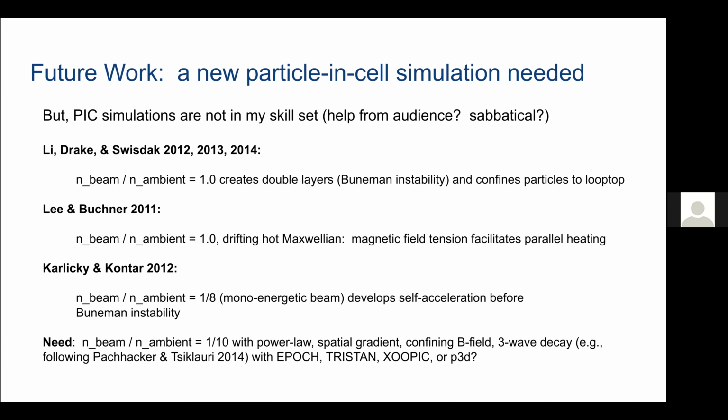But what happens is the drifting hot Maxwellian gets hotter and hotter and hotter. So is this a beam being formed, or is it just thermalization? I do not know. Depending on who you ask, certain people really want this idea of a beam being produced in the corona to fail.